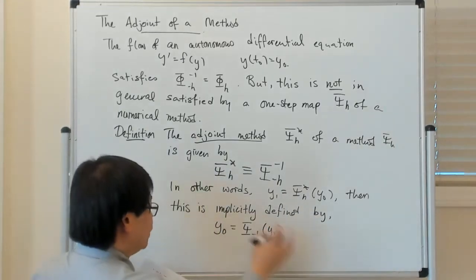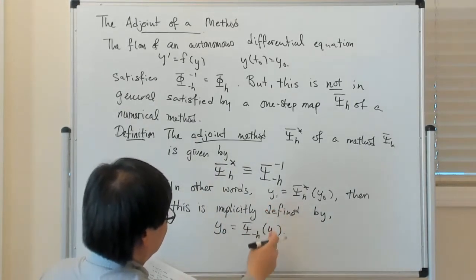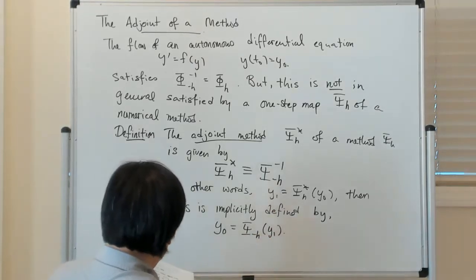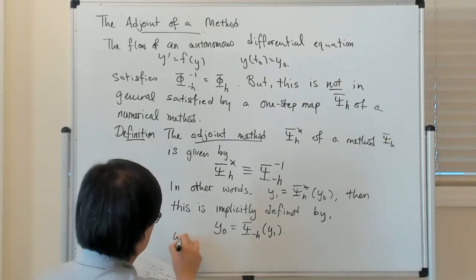Okay, so if you can invert this relationship, then you can tell what y1 is in terms of y0.